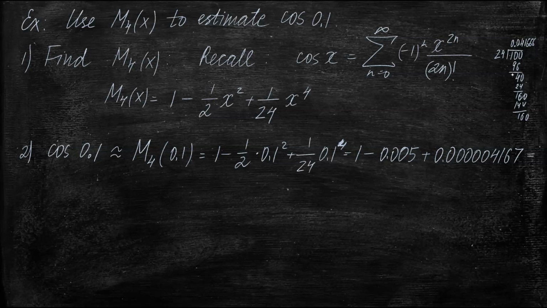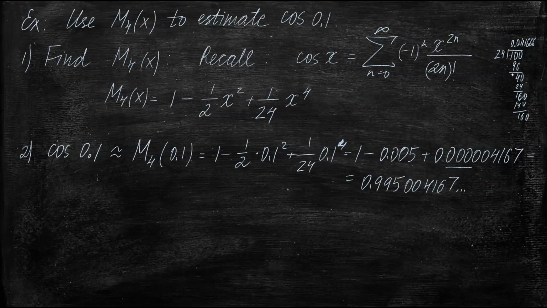So our final estimate is 0.995, and then we have 0.00004167. So we estimated cosine of 0.1.